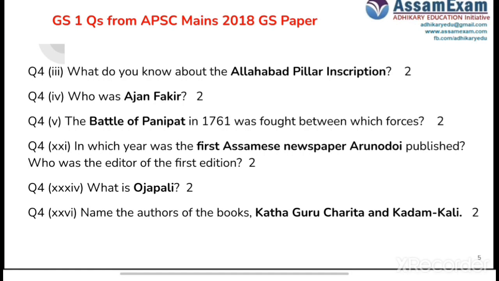We should have a little bit of idea about those personalities also. Question can come, and they have specifically asked because it is from Assam. So who are the other social and religious reformers, mainly in the medieval period? We should know about them.